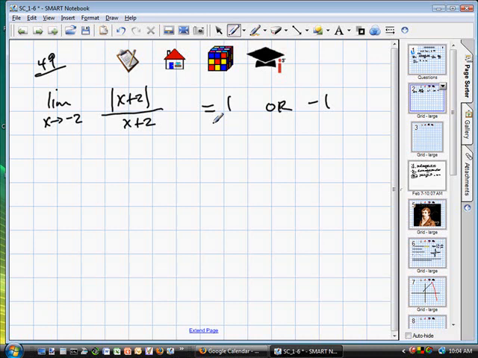And what if the numbers are plus infinity? Like, what if it's not 2? Is it also 1 or -1 again? Or does it depend on, like, if x is 1,000,000? Yeah. Okay, then you have 1,000,002 on the top divided by 1,000,002 on the bottom. Isn't that going to be 1?